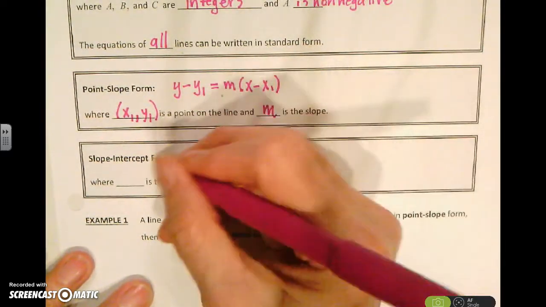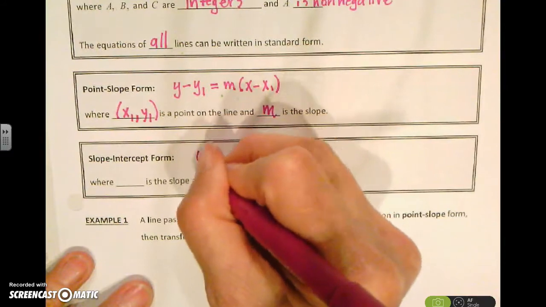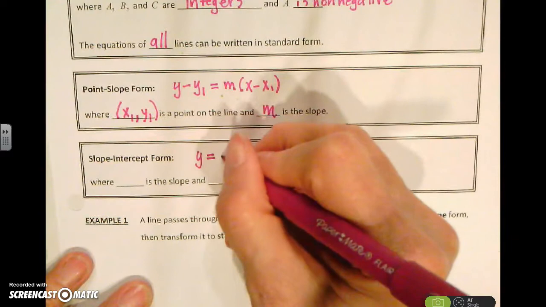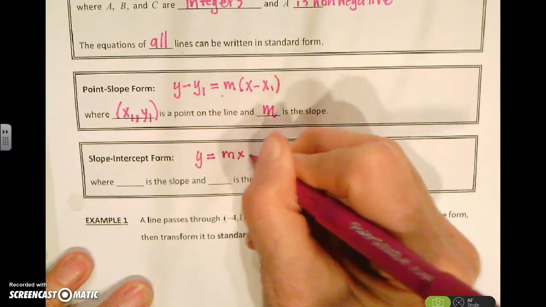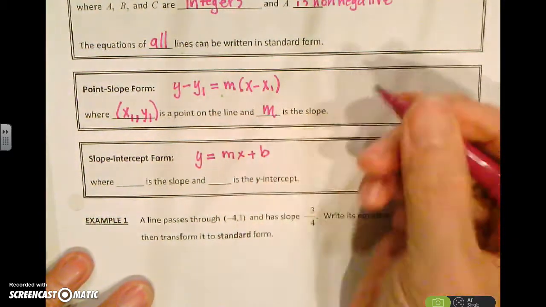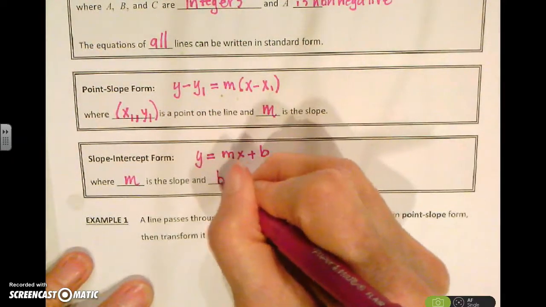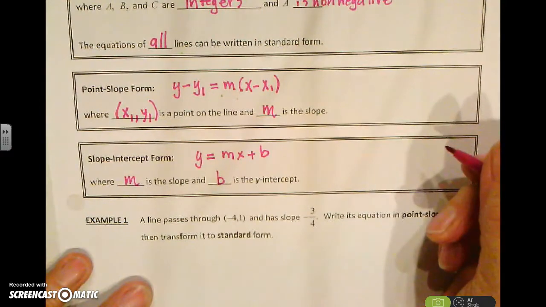And the first form we studied, which was slope-intercept form, where the equation is solved for y, so y equals mx plus b, where m is the slope and b is the y-intercept.